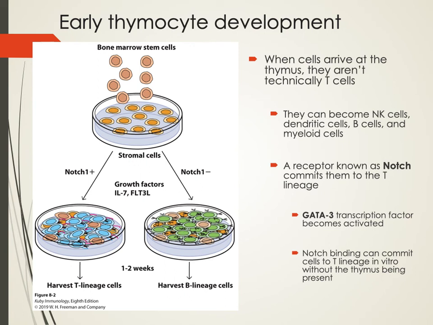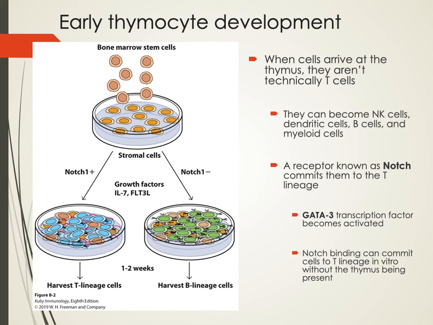So we can see here in this figure how if we have Notch positive cells and we feed growth factors, we'll end up with a T cell lineage. However, if we take these same cells and they're Notch negative, and feed them the same growth factors, they do not become T cells, they actually go to the B cell lineage.